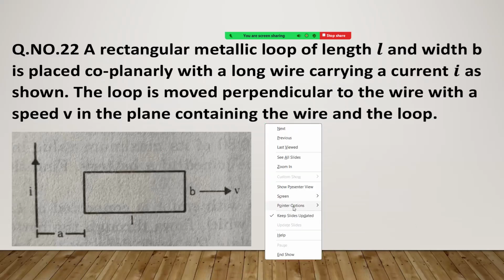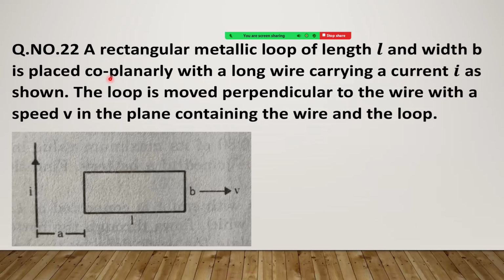Let's see the question given. A rectangular metallic loop of length L and width B is placed coplanarly with a long wire carrying current I as shown. The loop is moved perpendicular to the wire with a speed v in the plane containing the wire and the loop.